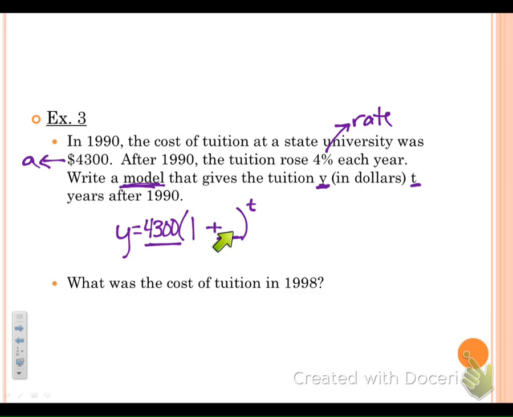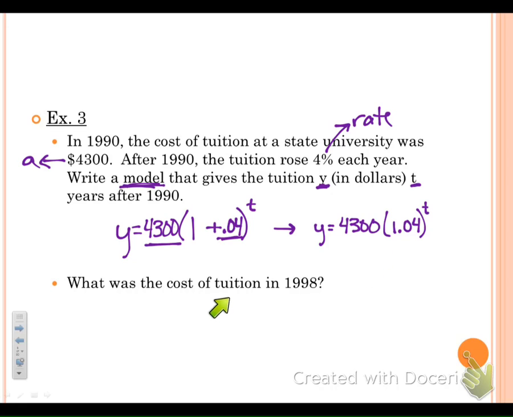But I don't want it as a 4 here. I need it as a decimal, 0.04, because on the inside here, 1 plus 0.04 can be simplified. Let's write it a little bit nicer. Our equation will be y equals 4,300 times 1.04 raised to the t power.